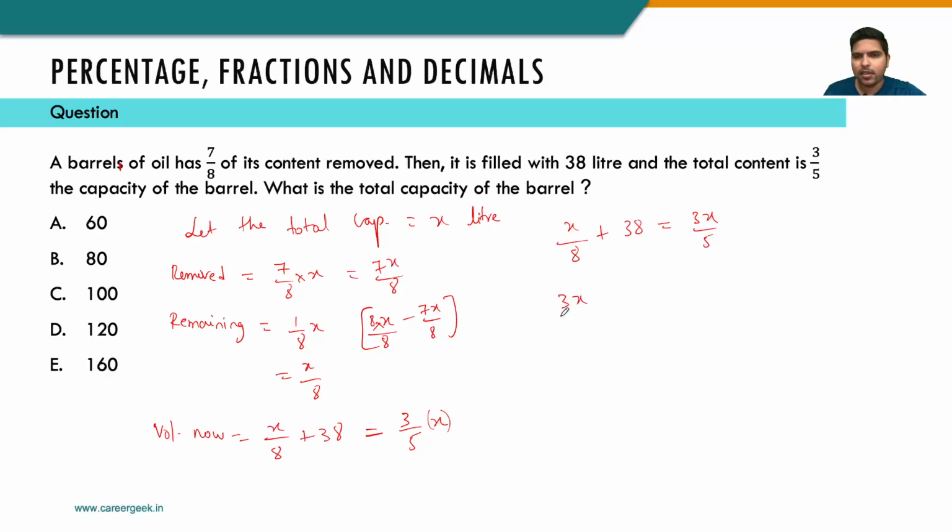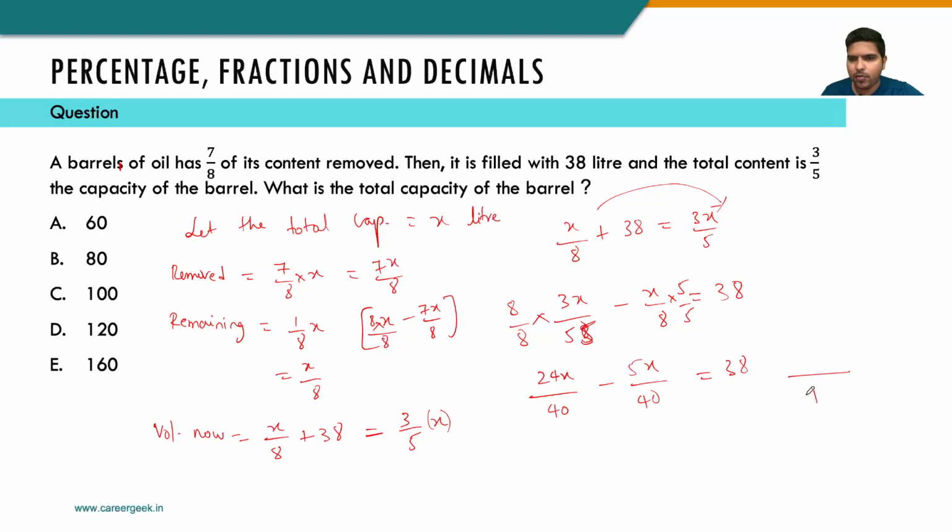So I can take X upon 8 to the other side and rewrite. I can use the common denominator method. This is 5, so I multiply and divide by the other denominators. So I get 40 in the denominator, and in the numerator 24X upon 40 minus 5X upon 40.